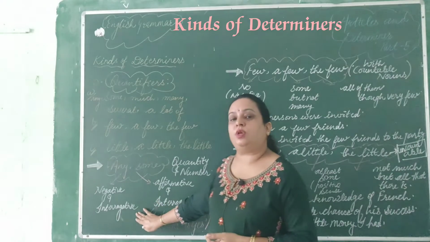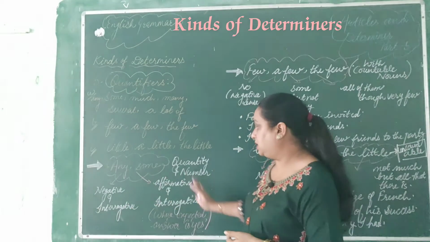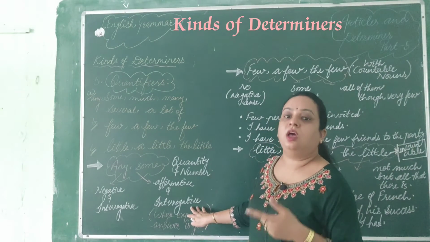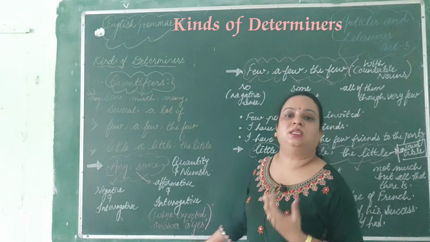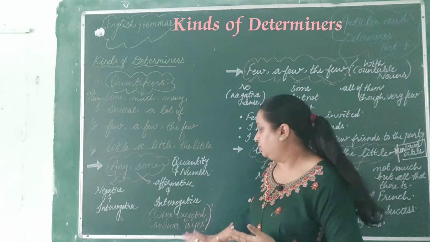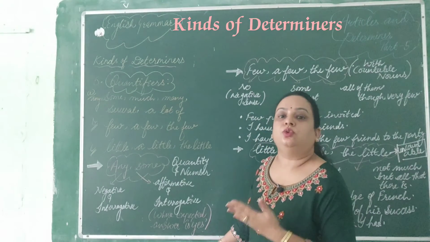So in some you will use it in interrogative sentences where the response is positive, where the expected answer is always yes. So there you will use some. Okay, do you have some water?